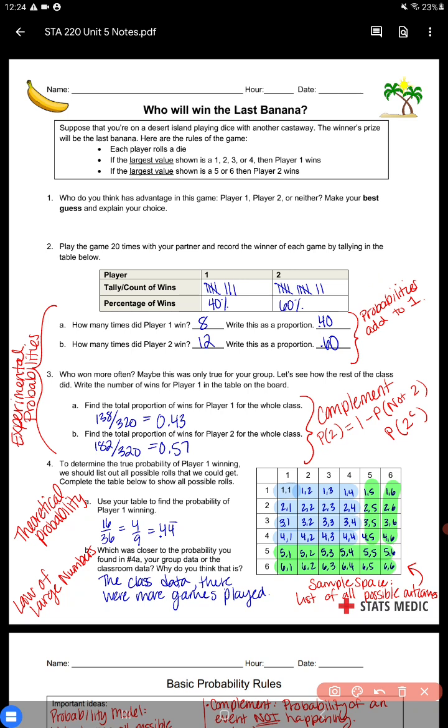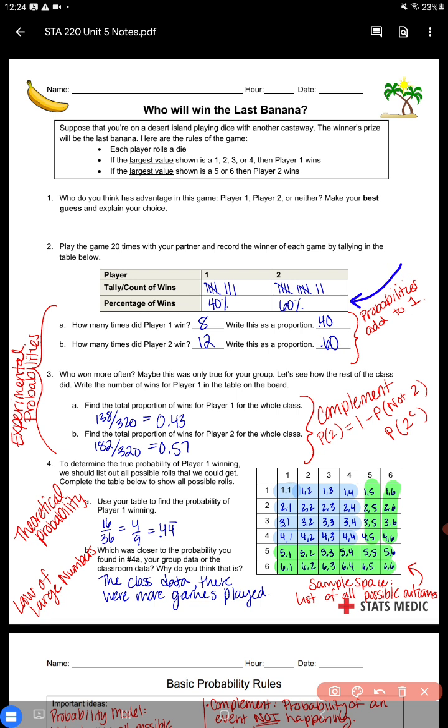Okay? So these numbers right here are what we call experimental probabilities, right? So experimental probabilities are when we find probability by actually conducting an experiment. So there's no guarantee of what's going to happen. We actually take some steps to find out, right?